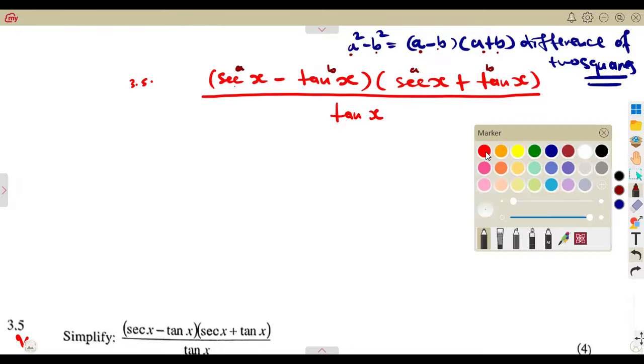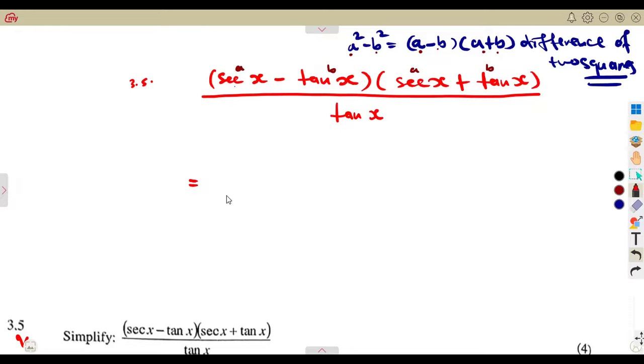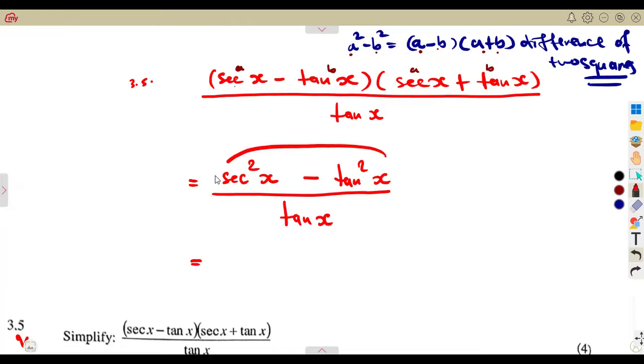So we can have it in reverse: this was taken from sec squared x minus tan squared x. This is what we had, and we rewrote it like that, everything over the tan of x.